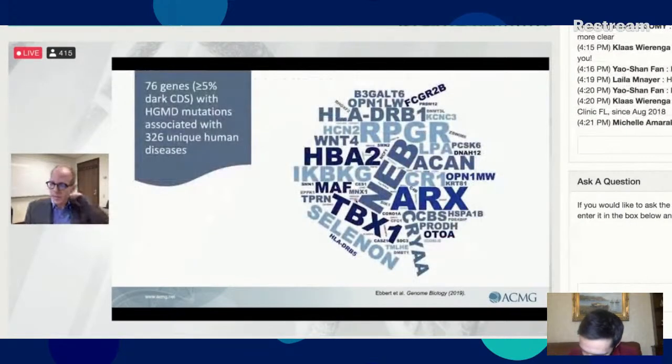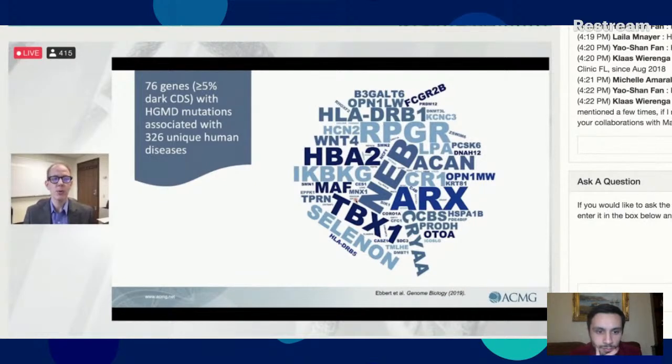So from there, and this is a slide that I'm really excited to share with you all, especially with this group, we wanted to know, what's the clinical significance of this? How many of these genes that are at least 5% dark are already known to be associated with disease? We found 76 genes that are at least 5% dark that have mutations in the Human Gene Mutation Database, which is a manually curated database, and they're associated with 326 unique human diseases.